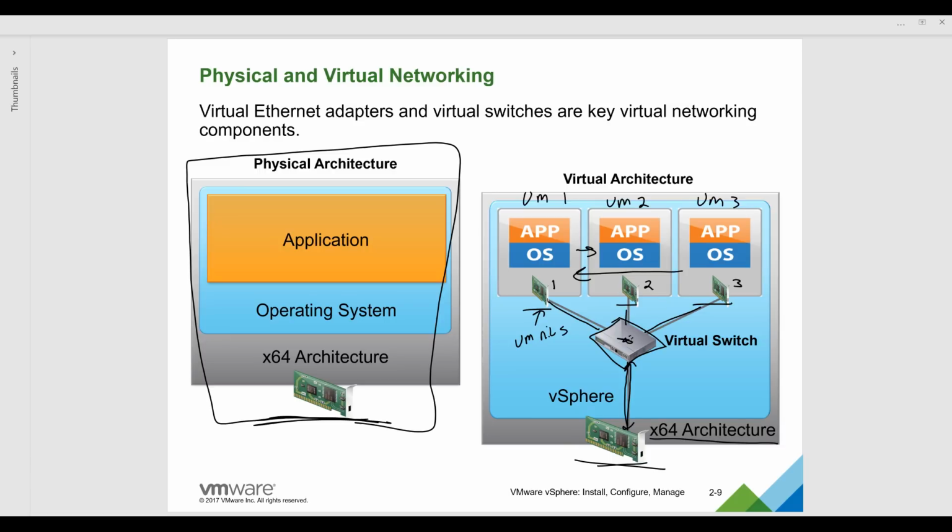Since we now have our VM NICs, the virtual switch is capable of binding multiple VM NICs together, like NIC teaming on a traditional server, and offers greater bandwidth and better use of it.